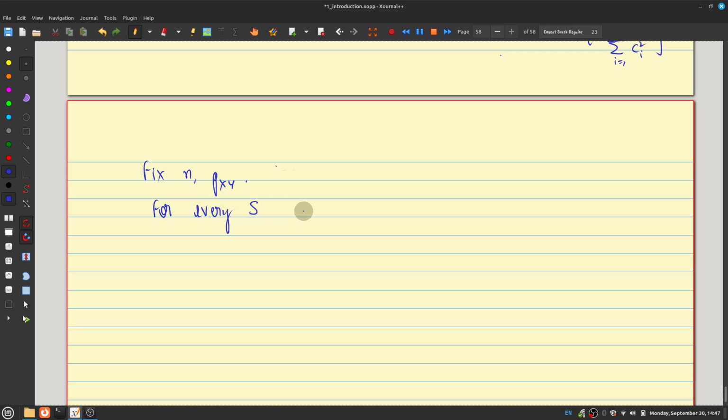And for this, for every training set S, I'll define the following random variable phi of S, which is the supremum over all h in H of essentially the deviation of the empirical risk from the generalization error.